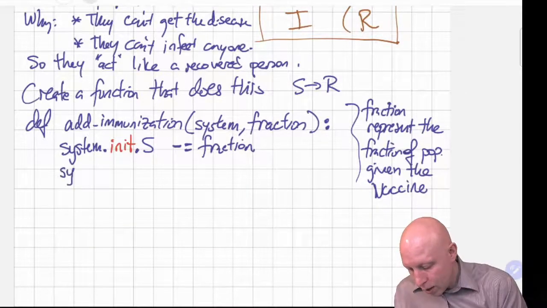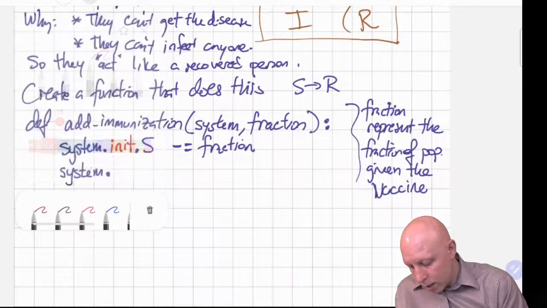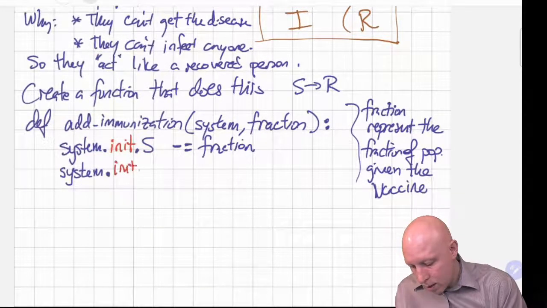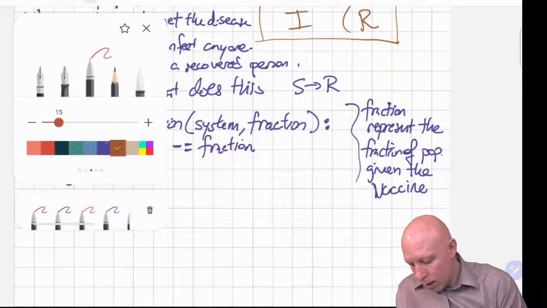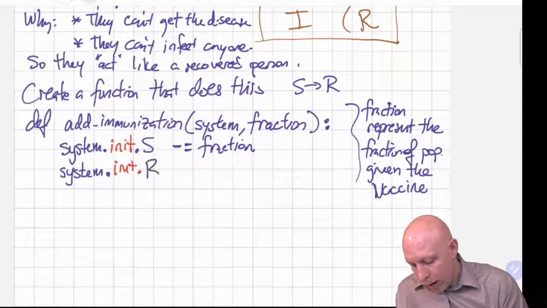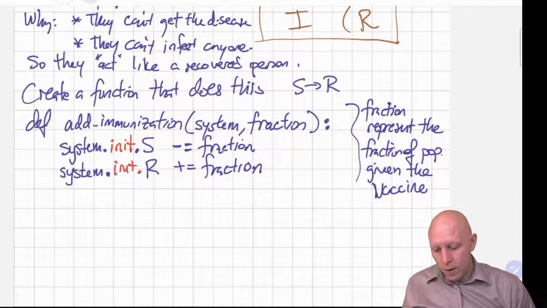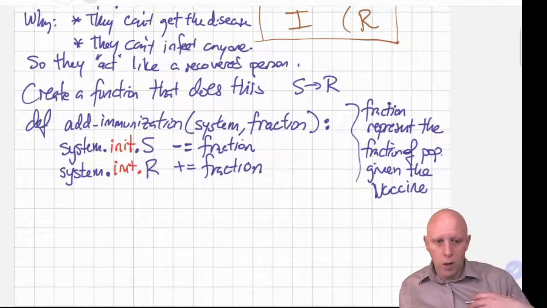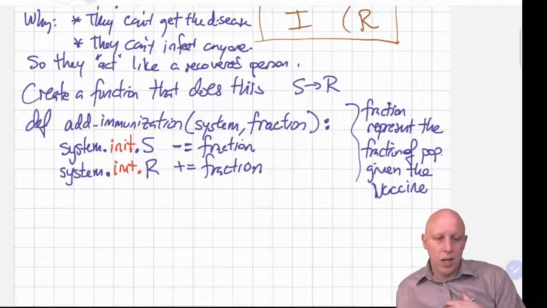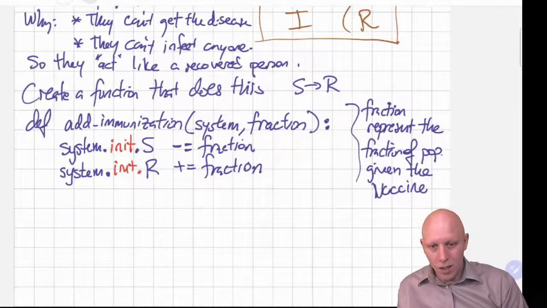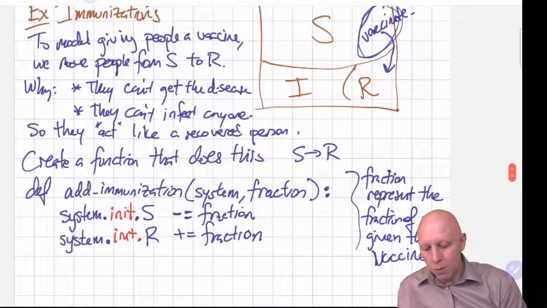And then for system.init.R, we add that fraction in here. What this does is exactly this moving of people from the S camp into the R camp.